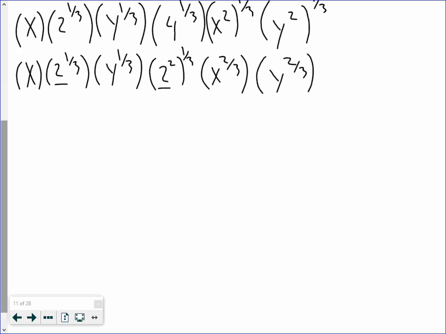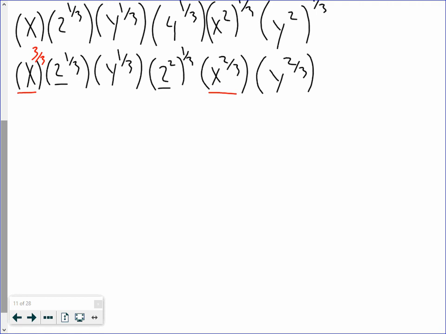So let's keep on going. Now we're going to add like terms. So with x, we have x to the 1st power and x to the 2/3. They're being multiplied together, so we can add the exponents together. X to the 1st is the exact same thing as x to the 3/3.